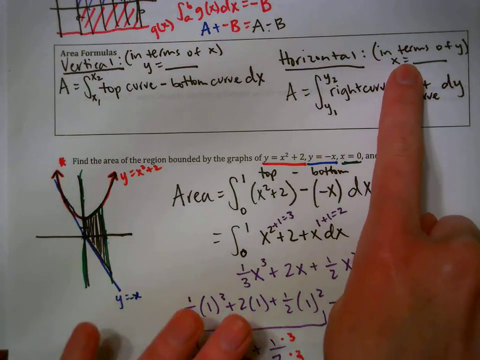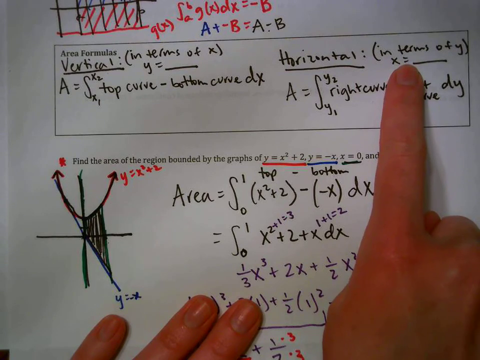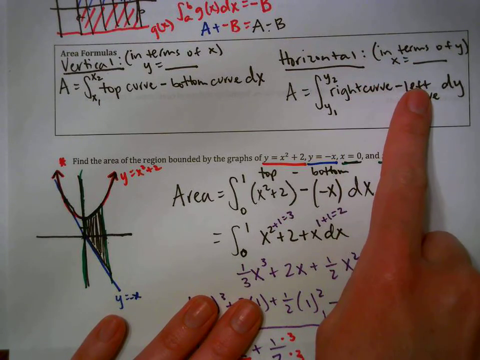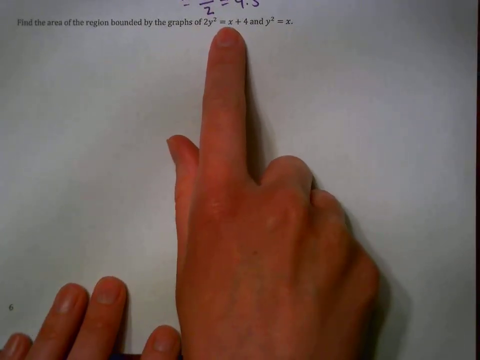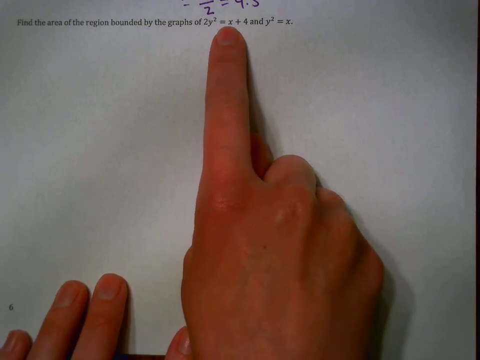If you have x alone for both your equations, then you would do right minus left and draw horizontal lines. But now we don't have y or x alone, so it's maybe difficult to know which one you should get alone.